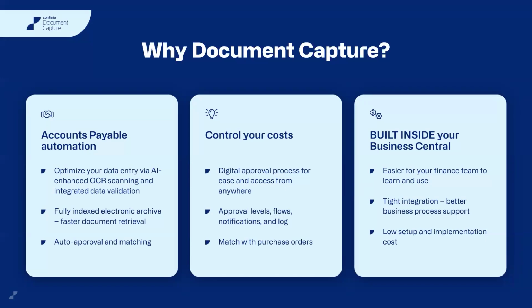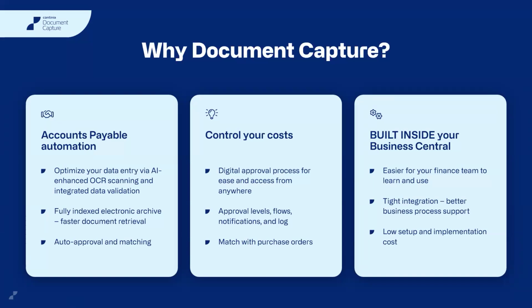If your client chooses to, we also have options to implement what is known as the Continia Web Approval Portal, which is a separate website to handle the approval process if your client has approval users that they do not want within Business Central. And because we are fully built inside of Business Central, the user interface should be easy for your client's finance team to learn and use.